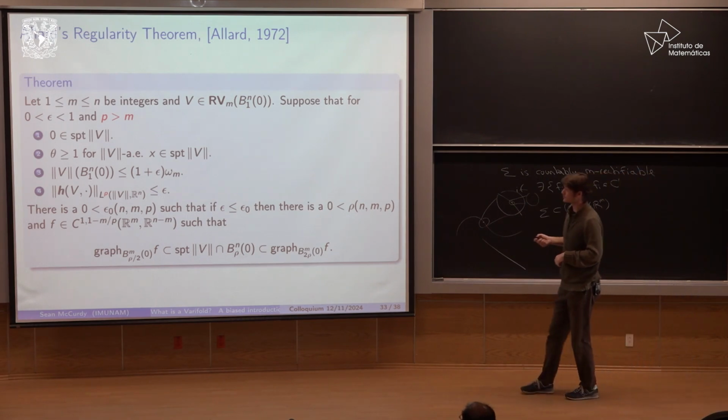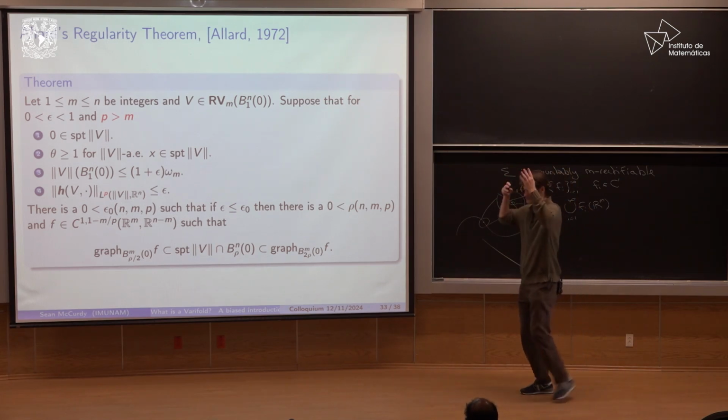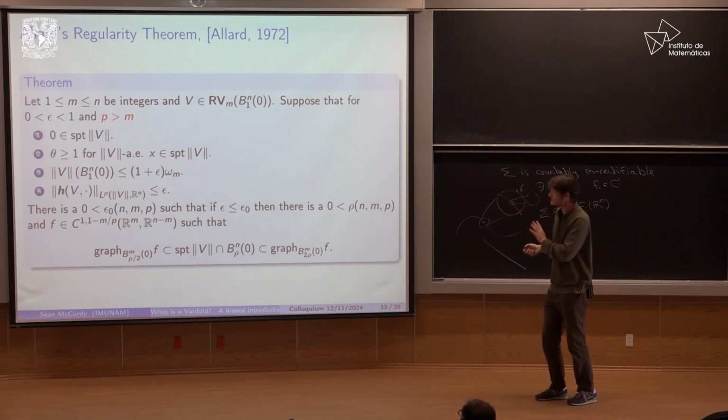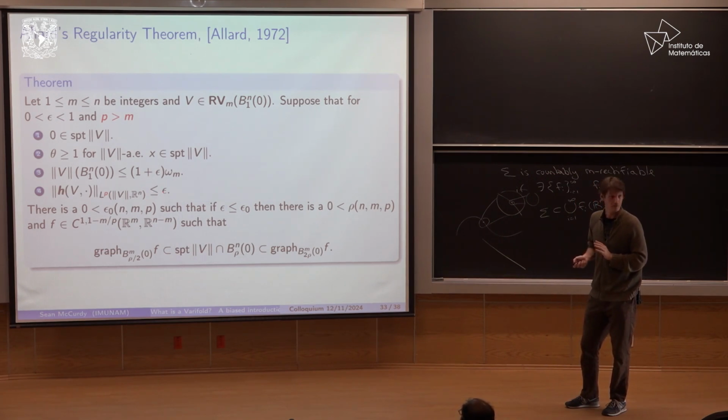So, of course, a very nice result, because now we get to think of the support not as the support of some crazy measure, but we know that, geometrically, it's the graph of a C^{1,alpha} function.